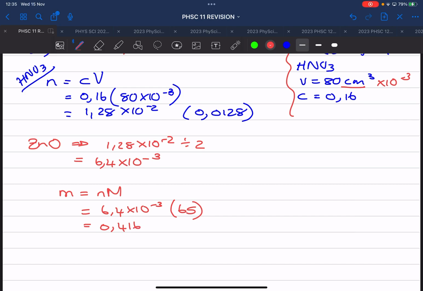Kry julle dieselfde? Gram. Ek het zinkoksied, sorry. Plus 16. Joh, maar julle is kwaai met my, hoor. Ek is presies wat ek julle vra. Gram.